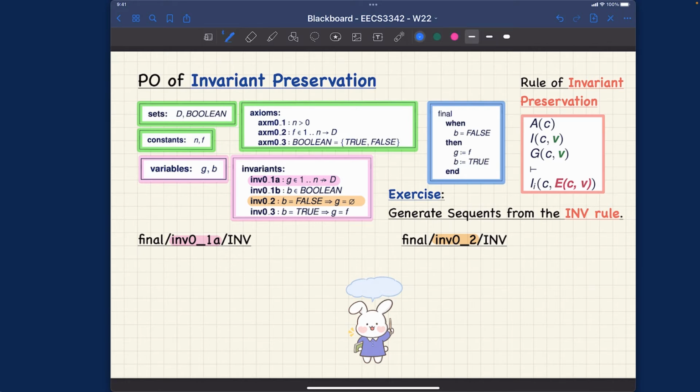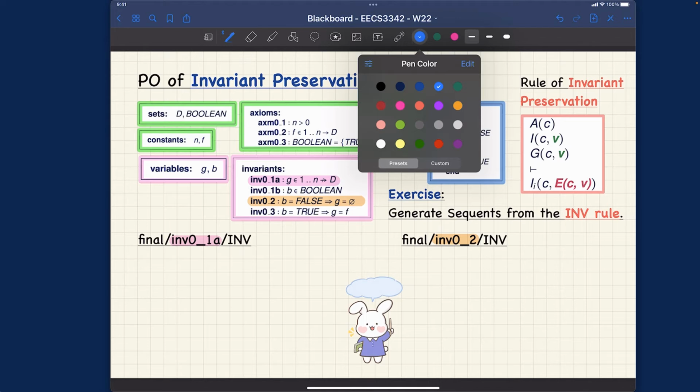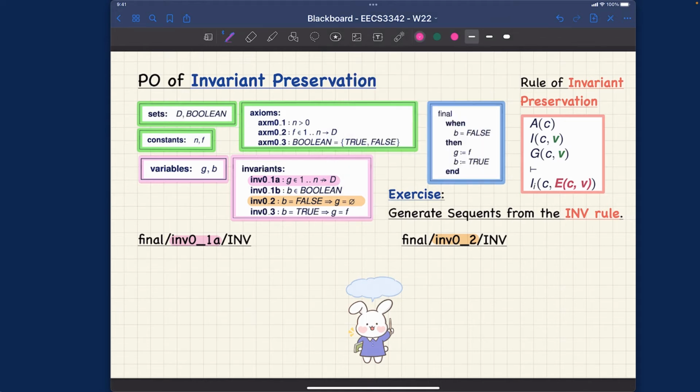Hypothesis, we have to include the axiom, right? So you can see the axiom over here, in which case we're going to include all the axioms over here as before. And we also need to include all the invariants in their pre-state. Let's just put the axiom first.